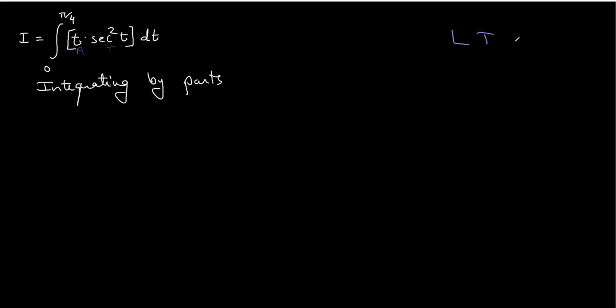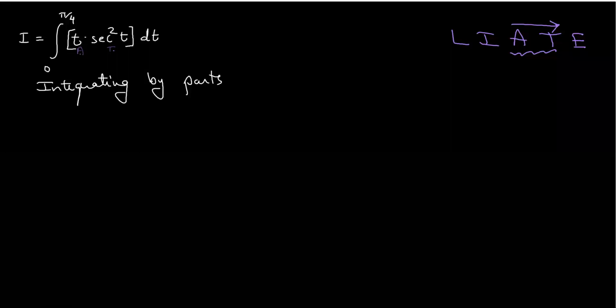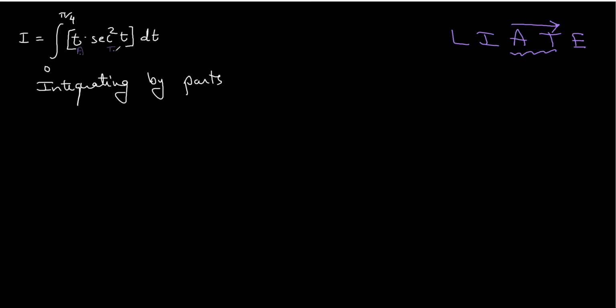It is LIATE. So here we have algebraic, then trigonometric, and in the priority code also it is same. A is before T. So I will take this as U. This is U always. The first one that you have is U and the second one is V. And as you know that in integration by parts, U is never integrated. It's only that latter function which is integrated.